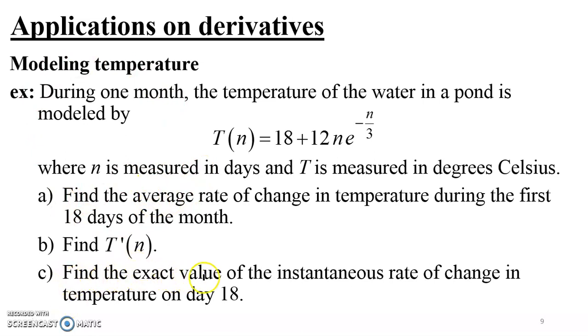Now in part C, we need to find the exact value of the instantaneous rate of change in temperature on day 18. Remember, instantaneous rates of change, as discussed before, do happen at a specific instant. However, average rate of change happens over a period of time.